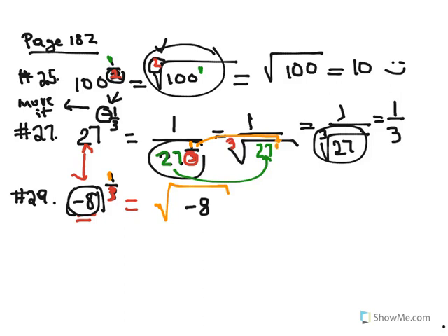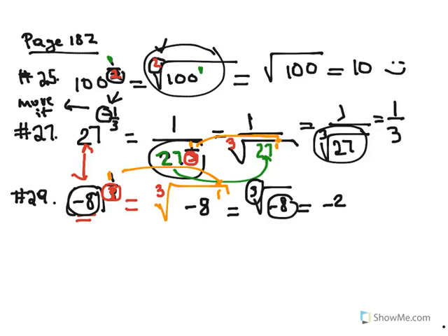This 3 right here is going to be my index, and this one right here is going to be my exponent. So really what I have is the cube root of negative 8, which we all know is negative 2. Now, remember, don't worry that this is negative, because this index is odd.